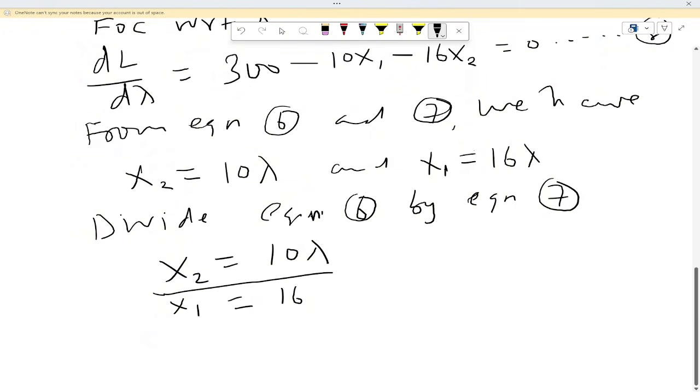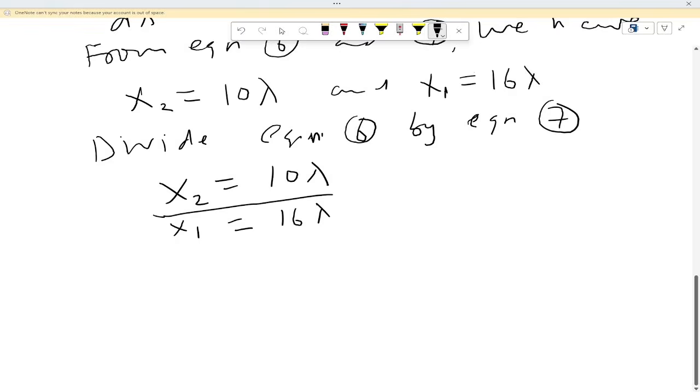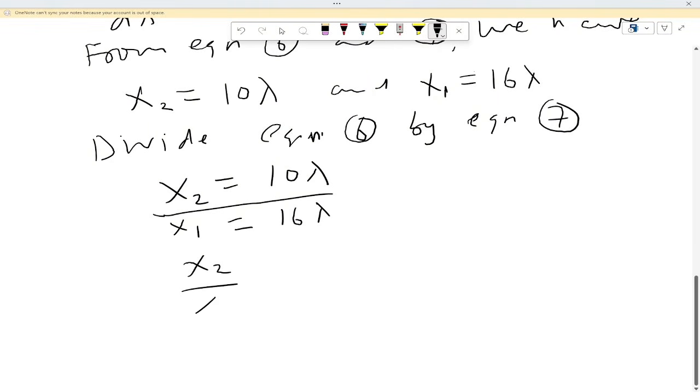this 16 lambda. So invariably this is what you have, all over 16 lambda. So you cancel lambda, cancel lambda.